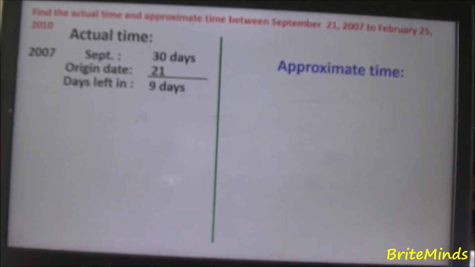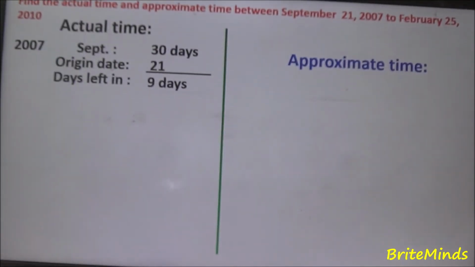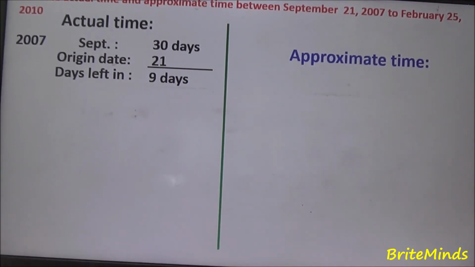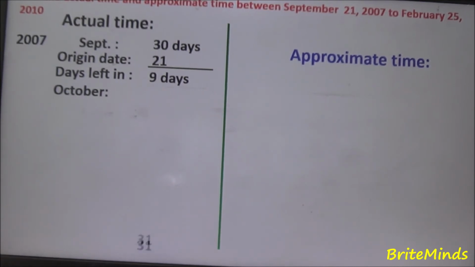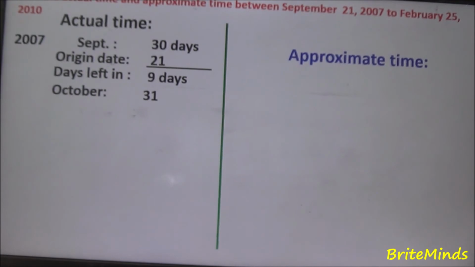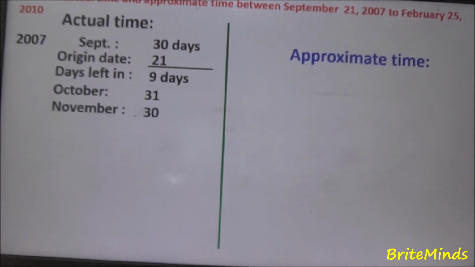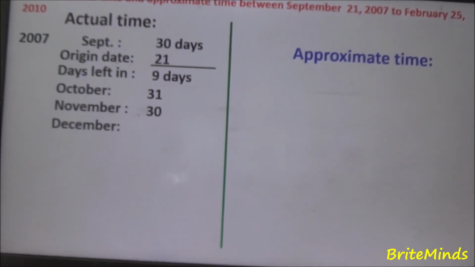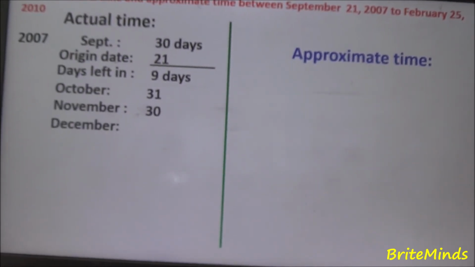Next, the next month is October. October has 31 days. And then November has 30 days. And then the month of December also has 31 days.